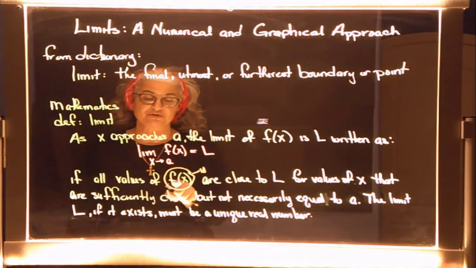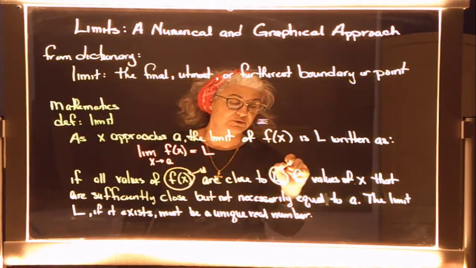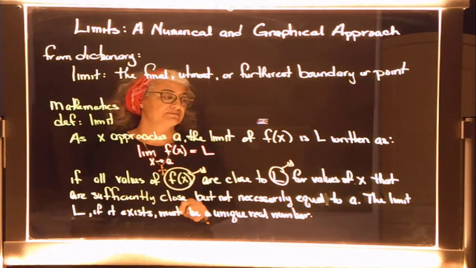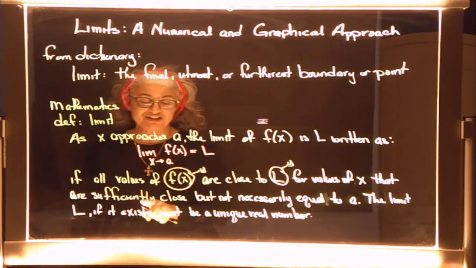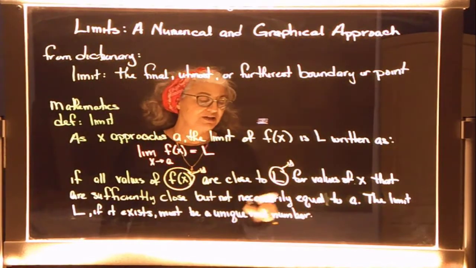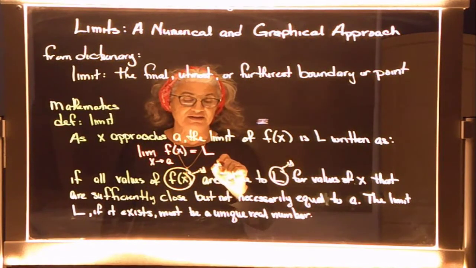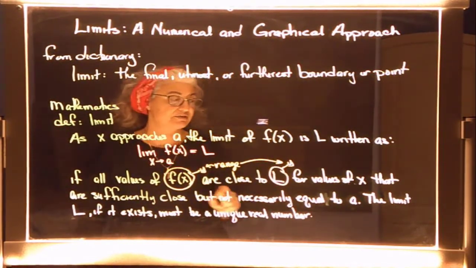So if all values of f of x or y are close to L, which then must also be a y, just like we discussed up here, for all values of x that are sufficiently close to, but not necessarily equal to A. So these two guys are part of the range when you're looking at a graph.